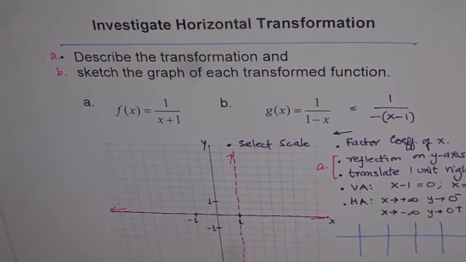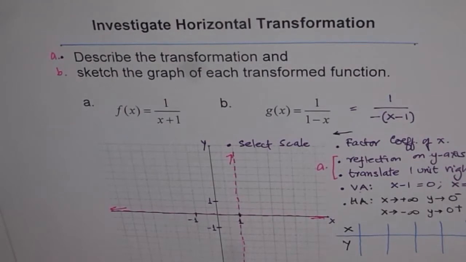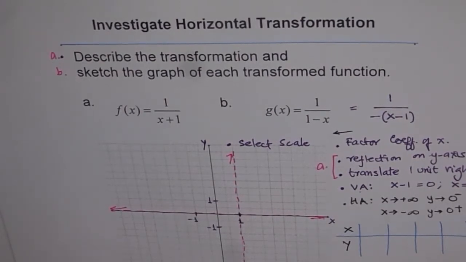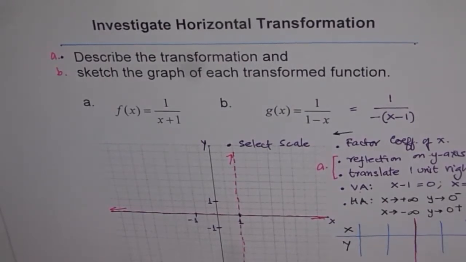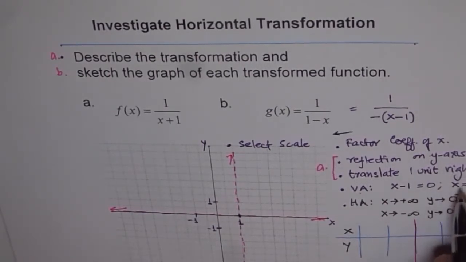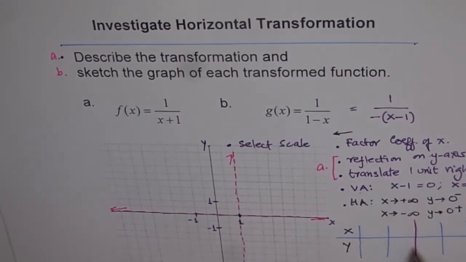Well, I'll recommend 5 points for you, but as far as I am concerned, I will do with 3 points. So we are trying to get some y values for some x values, right? And we know one thing, that we have a vertical asymptote here. Let's say this is my vertical asymptote, and this vertical asymptote is at x equals to 1. So I have to take points on either side of the vertical asymptote. This is what I'm trying to think.